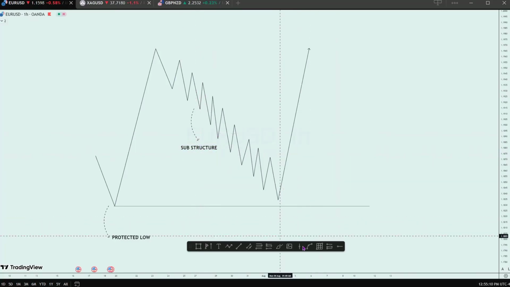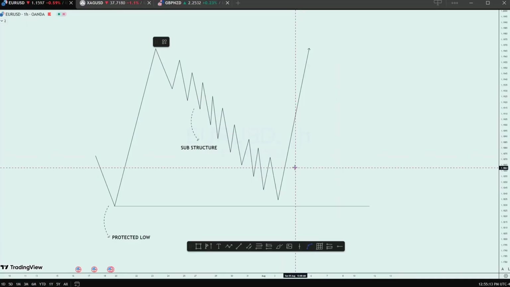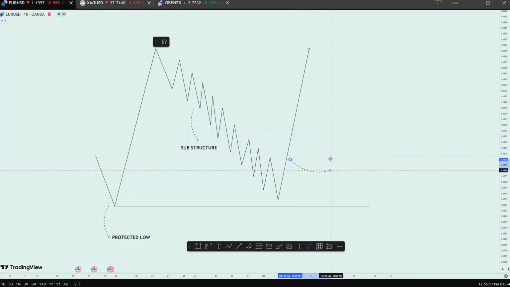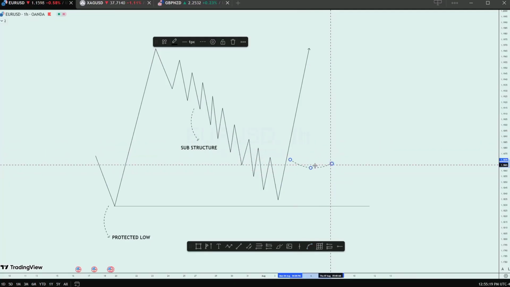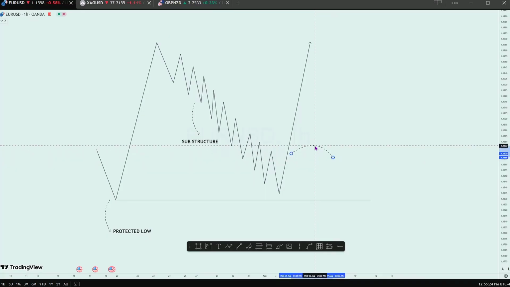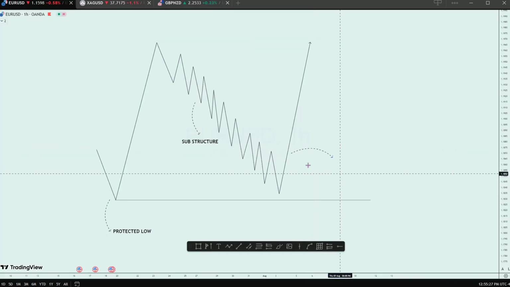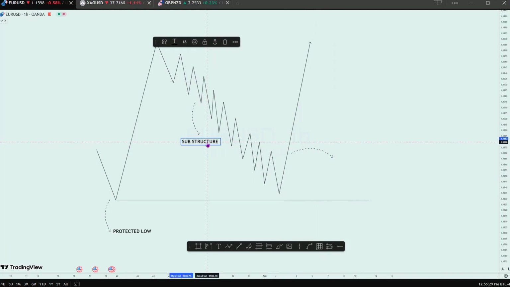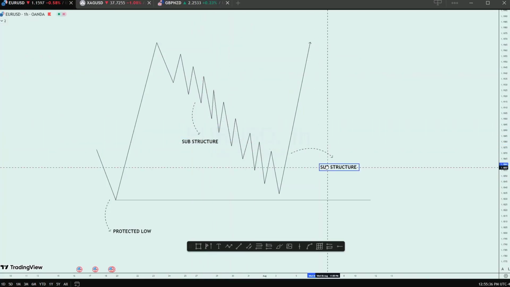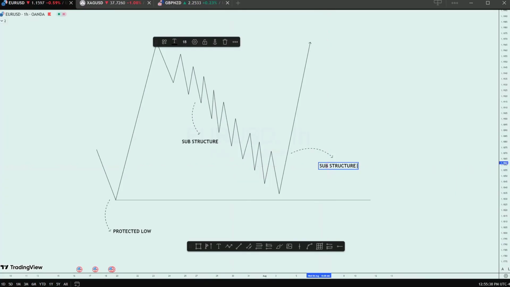This is our substructure, and this becomes our minor structure. These are minor structures.